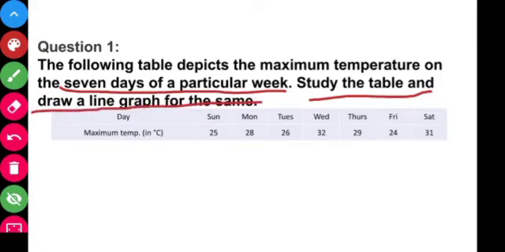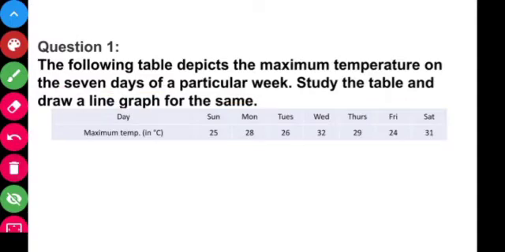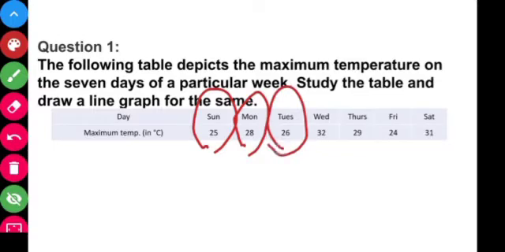So in this table 7 days are given and the temperature of particular days. On Sunday the temperature was 25 degrees Celsius. On Monday it was 28, Tuesday 26, like this it is given. So we need to draw a line graph.